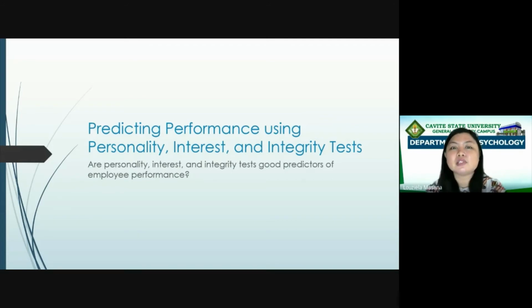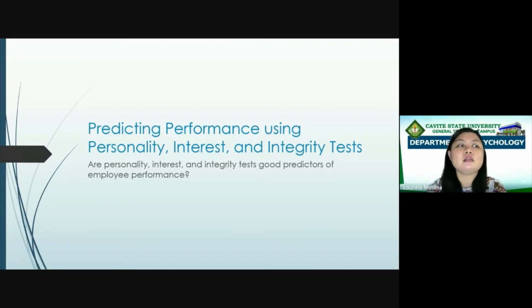Integrity tests also are good predictors of employee performance. Integrity means what? Honesty, the pride in doing things. Syempre kapag pumasok ka sa isang company and then you set your mind that you are part of the company, you are there to meet the objectives and the goals of the company, you have that identity that you are an employee, of course you are going to perform well.